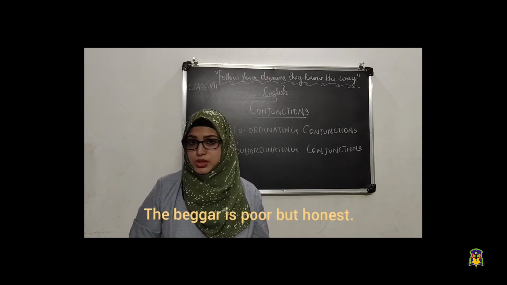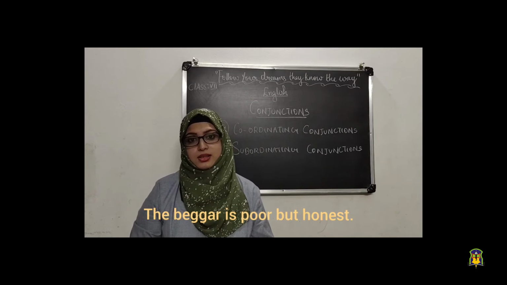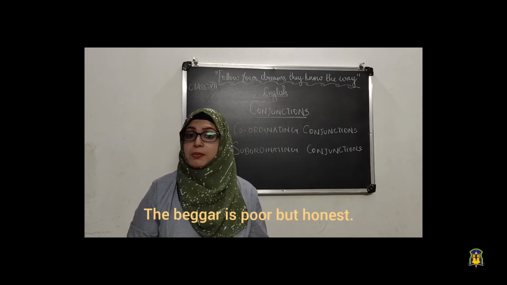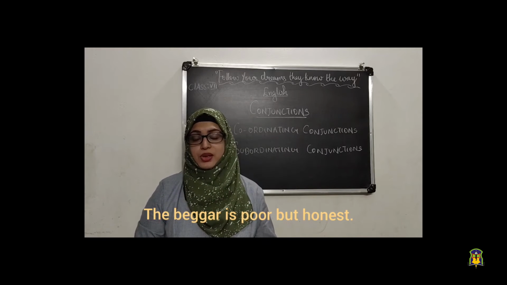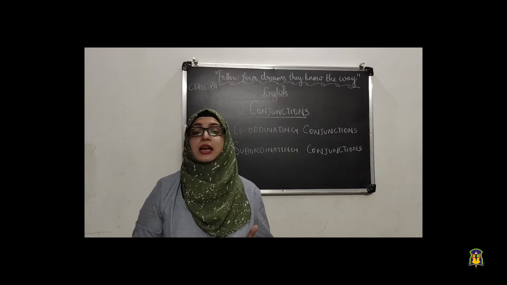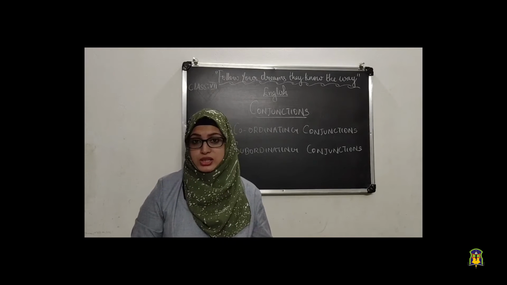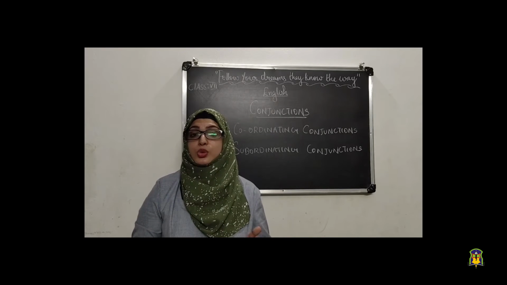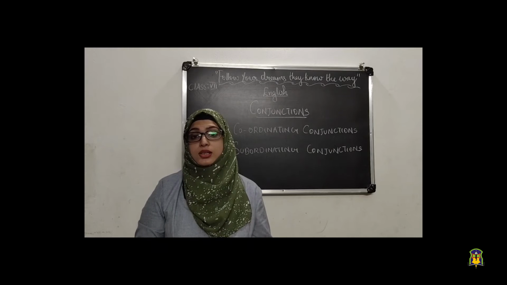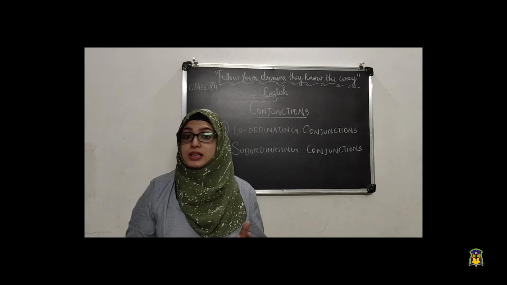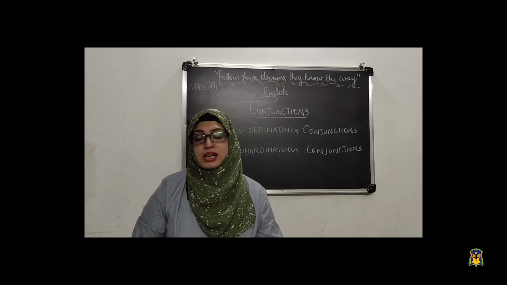The beggar is poor but honest. Here we have used the conjunction but in order to join two contrasting words like poor and honest. So these are the examples for conjunctions.